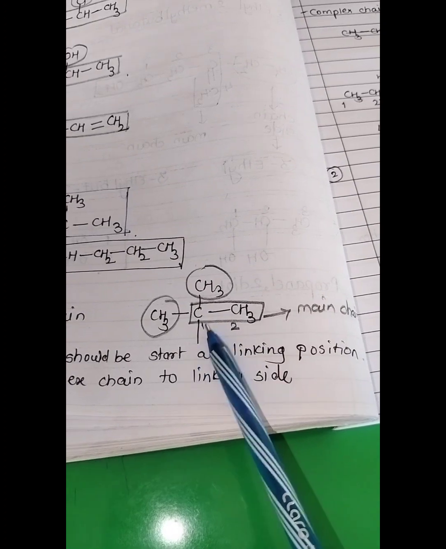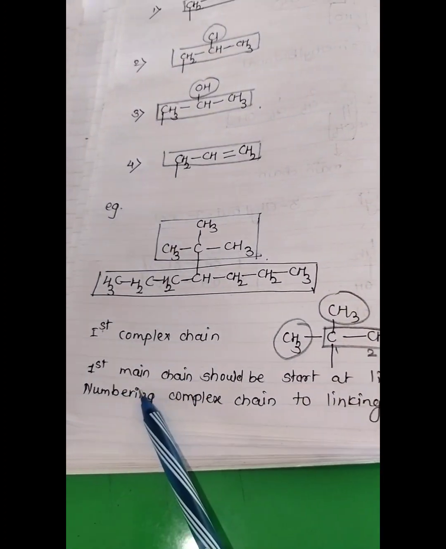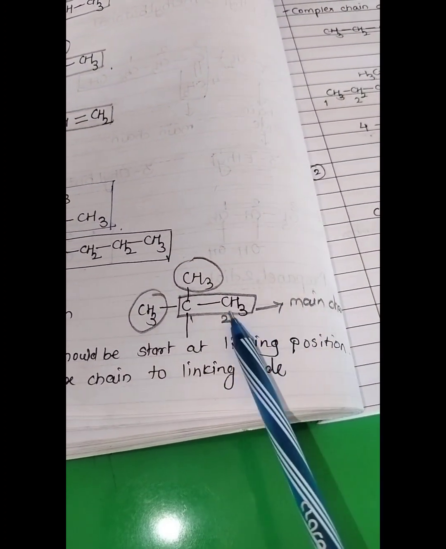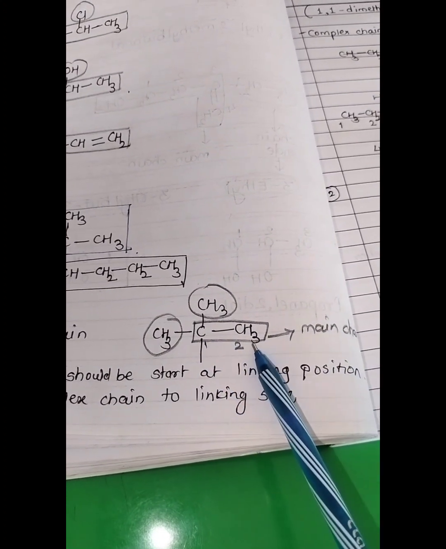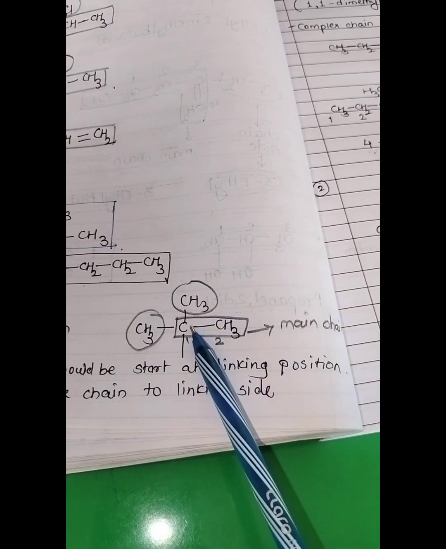So the numbering of the complex chain starts from the linking side: here 1 and here 2, and this is your main chain and this is your side chain.